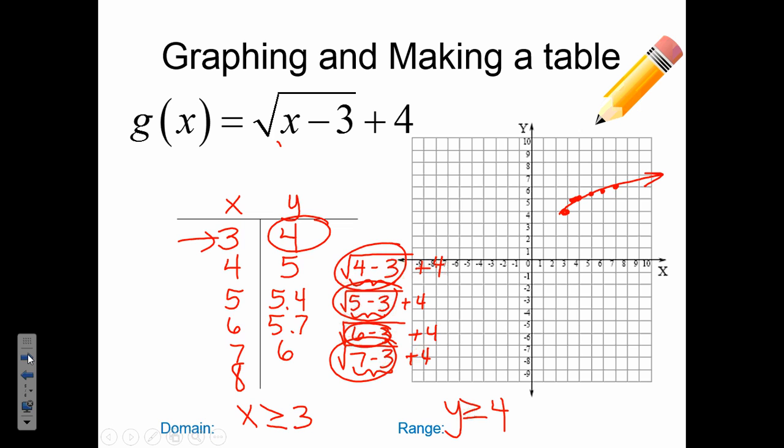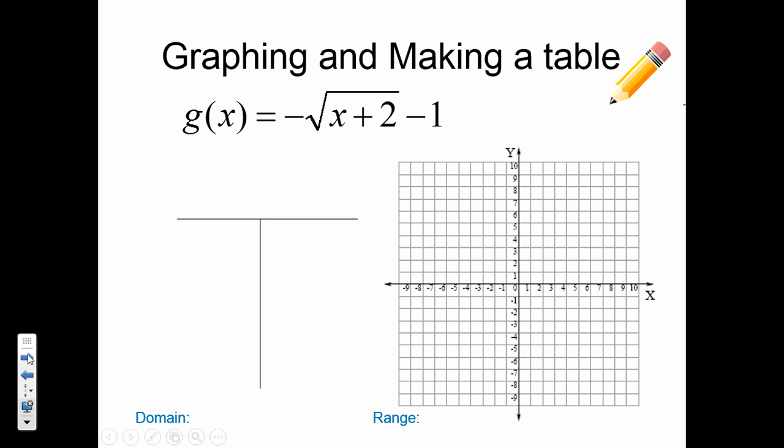One more example here with another shift, and then we're done. Example 2, this one has a negative in front of the square root sign, and then minus 1 at the end. So let's use our shifting rules. Inside, left 2, down 1. Left 2, down 1 puts me there.